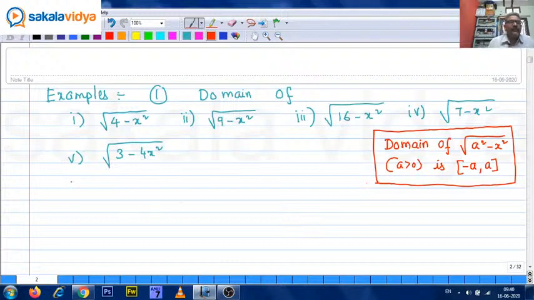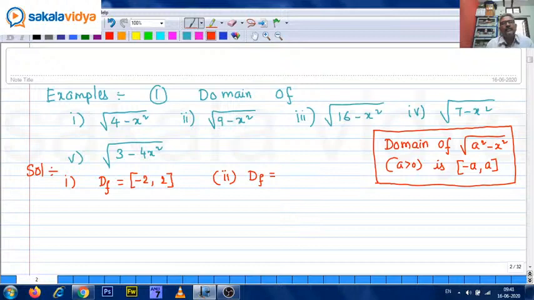First one. What is the first one actually here? A square is equal to how much? 4. A is equal to 2. So domain of F is minus 2 comma 2. You check it. Solutions. Second one, domain of F equals to.